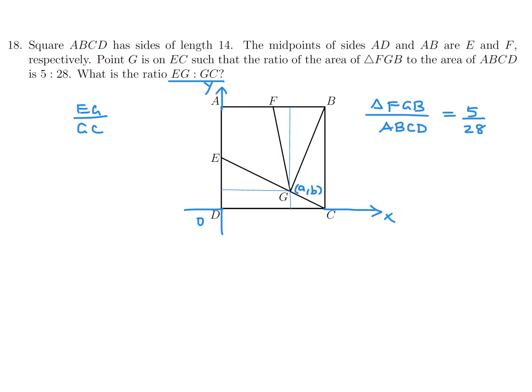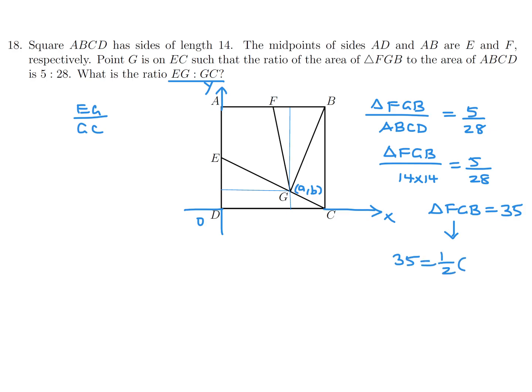Okay, well, ABCD, that's actually fairly simple to figure out because that's just a square with side length 14. So that's 14 times 14. So that can easily help us. That triangle FGB, if you crunch out these numbers, will be 35. And the area of triangle FGB is 1/2 base times height. Now the base is 7, correct? Because F is the midpoint.